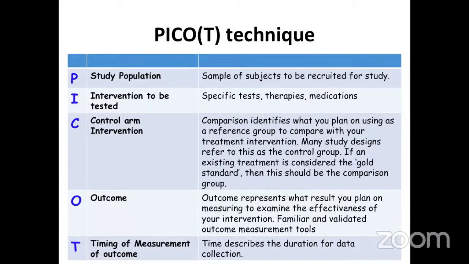For example, whenever we talk about post-operative analgesia, it can be the duration of post-operative analgesia. It can be the quality of pain relief, which can be subjectively measured by VAS scores, or it can be the number of analgesics required in the 24-hour period, or it might not be only the positive aspects, also the negative aspects.